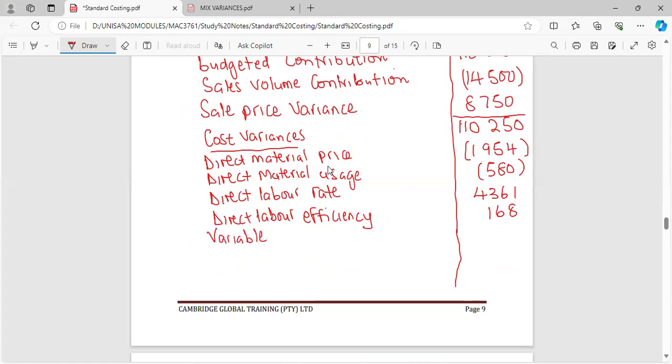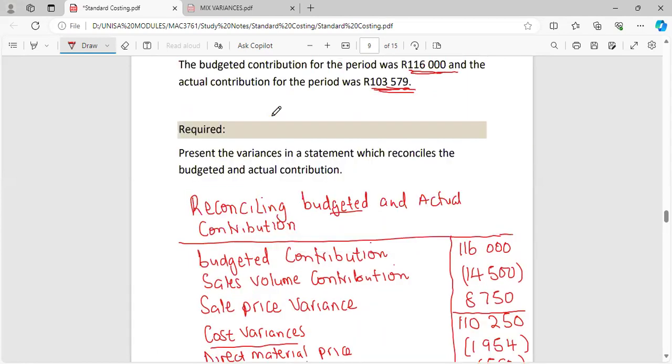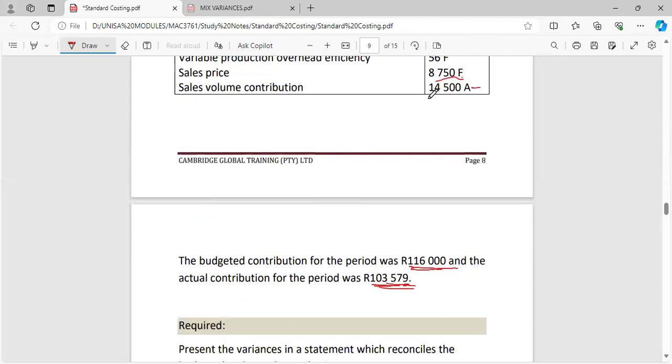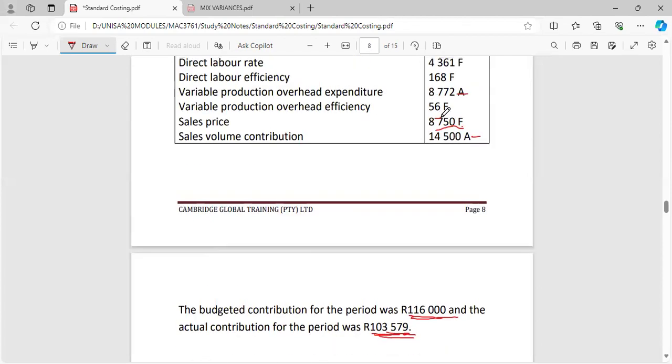So this one is adverse, which means it's going to reduce our profit. Then the last one is going to be the variable overhead efficiency variance, which is favorable.